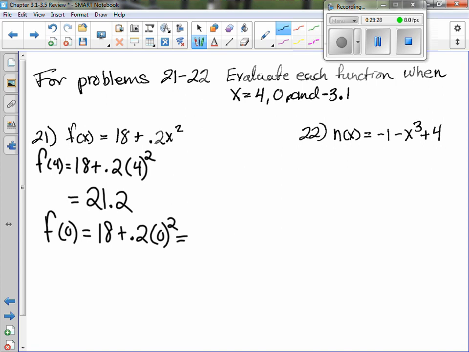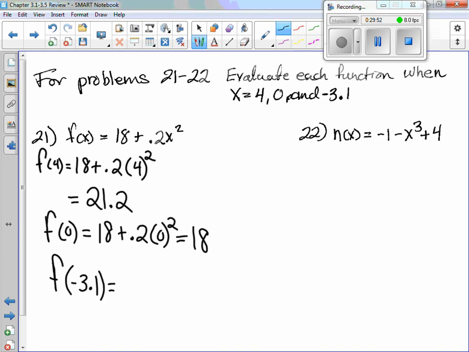So what would happen if we plug this in? What would we get? Go on, try plugging it into the calculator. See what you get. It's 18, because 0 squared is still going to be 0. 0 times 0.2 is still 0. The only thing we have left is 18.